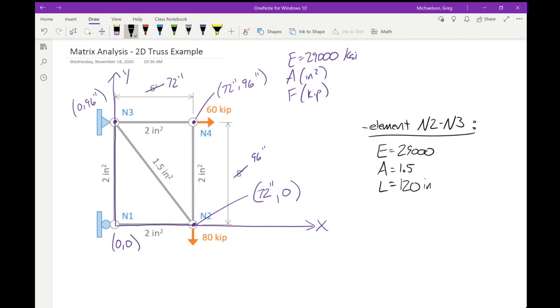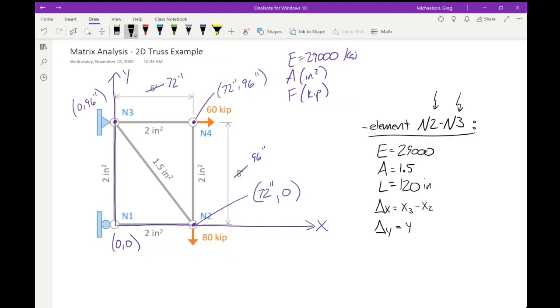Now, I want to show you something. This is how a computer would do this. So what I want to do is compute the change in X and the change in Y. Now, the change in X, the way that a computer does it, and again, you just have to pick a convention and go with it, is it's going to take the highest value minus the lowest value. And so we're going from those two joints.